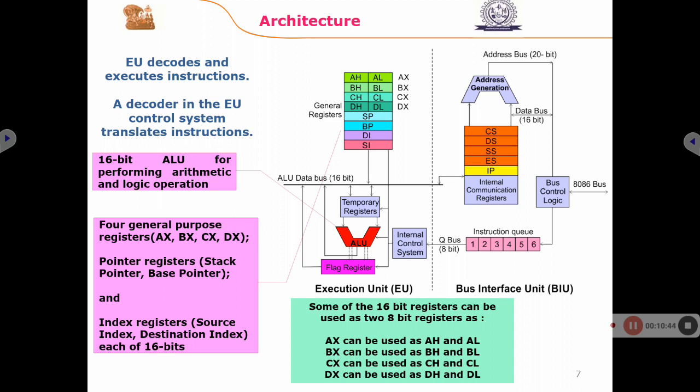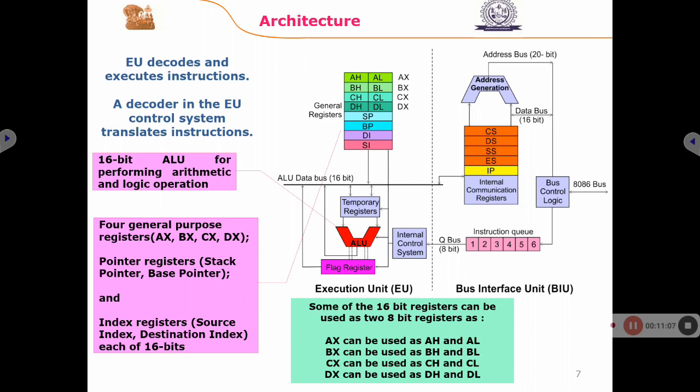You can write direct addressing, indirect addressing, and indexed addressing. So different types of addressing modes are available. After grouping the instructions into the different addressing modes, we can now execute the instructions.